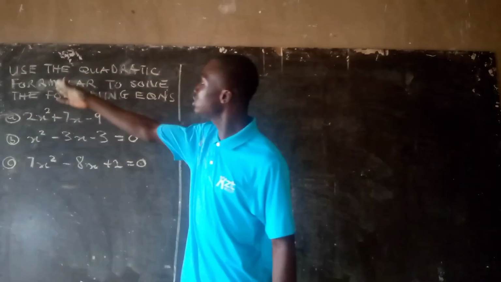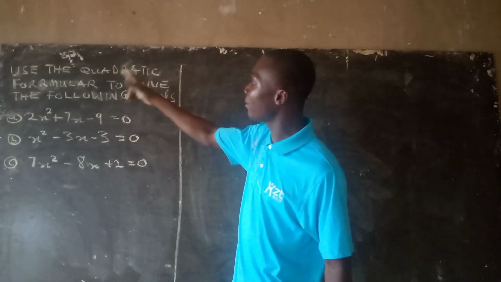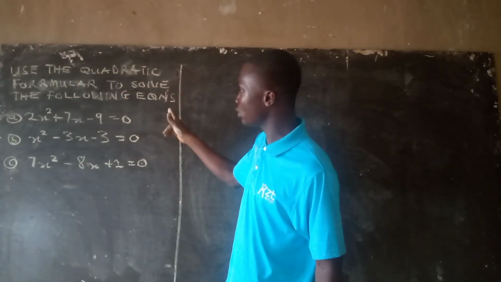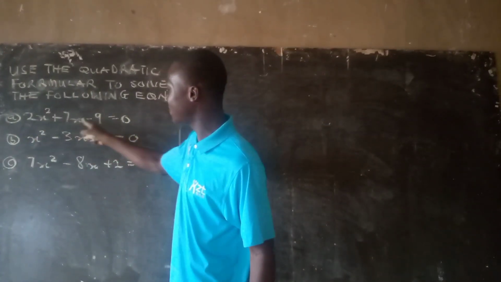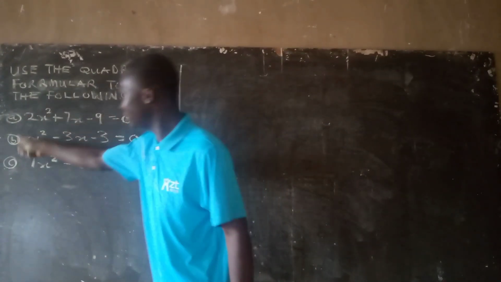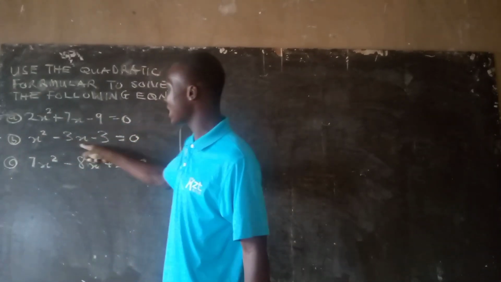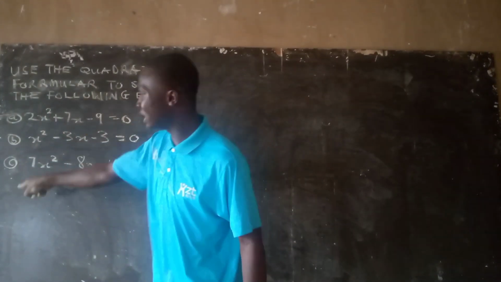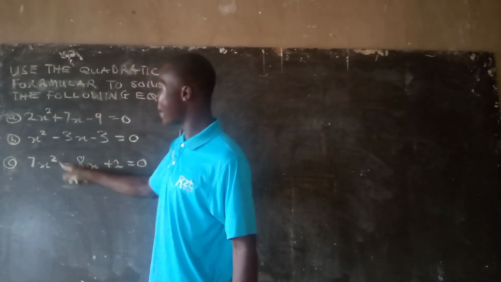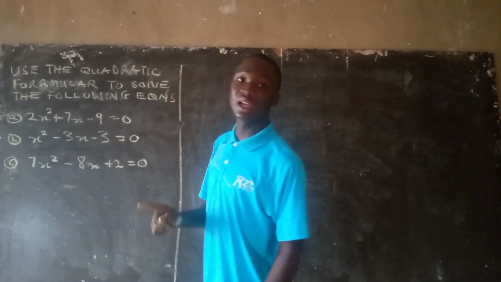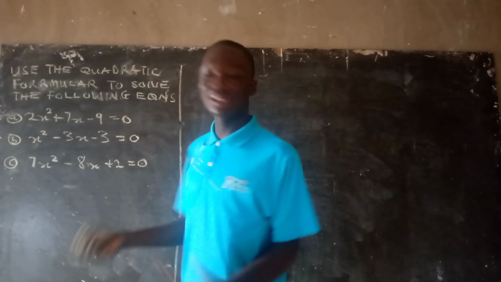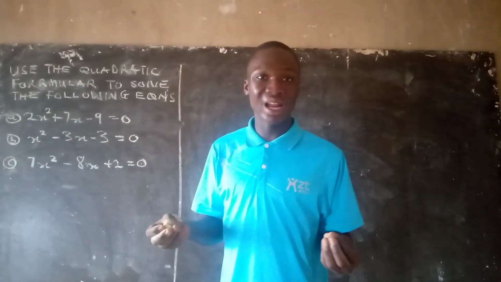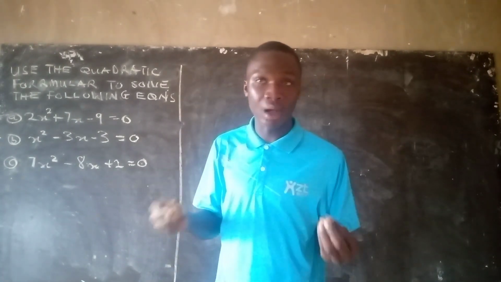So we will use the quadratic formula to solve the following equations. A, we have 2x squared plus 7x minus 9 is equal to 0. B, we have x squared minus 3x minus 3 is equal to 0. C, we have 7x squared minus 8x plus 2 is equal to 0. So now, what is the formula that we are all talking about?